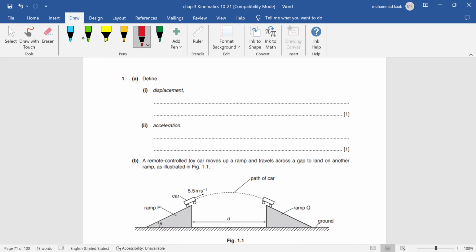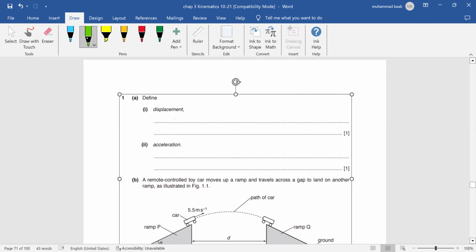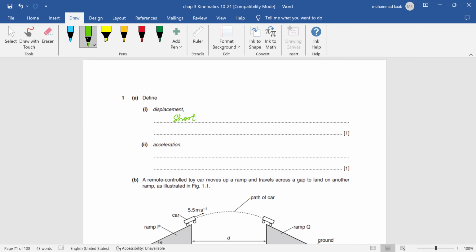Define displacement. Displacement is the shortest distance between two points. Wait, you should add the direction as well. Shortest distance in a specific direction, or in a certain direction, from the starting point toward the ending point. You can say anything, right?